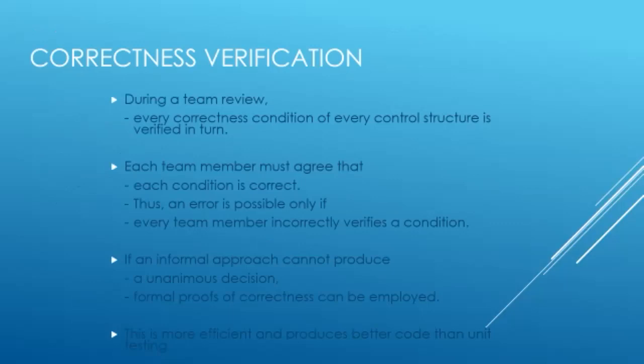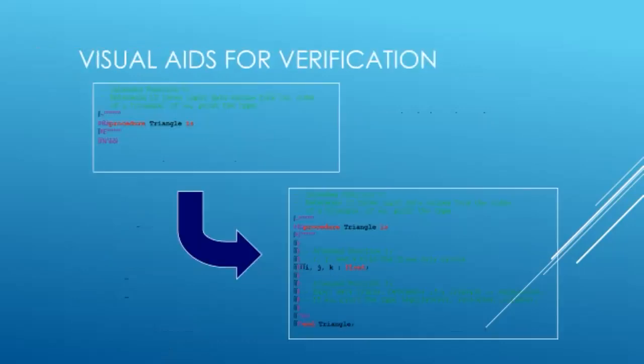Thus, an error is possible only if every team member incorrectly verifies a condition. If an informal approach cannot produce a unanimous decision, formal proofs of correctness can be employed. This is more efficient and produces better code than unit testing.